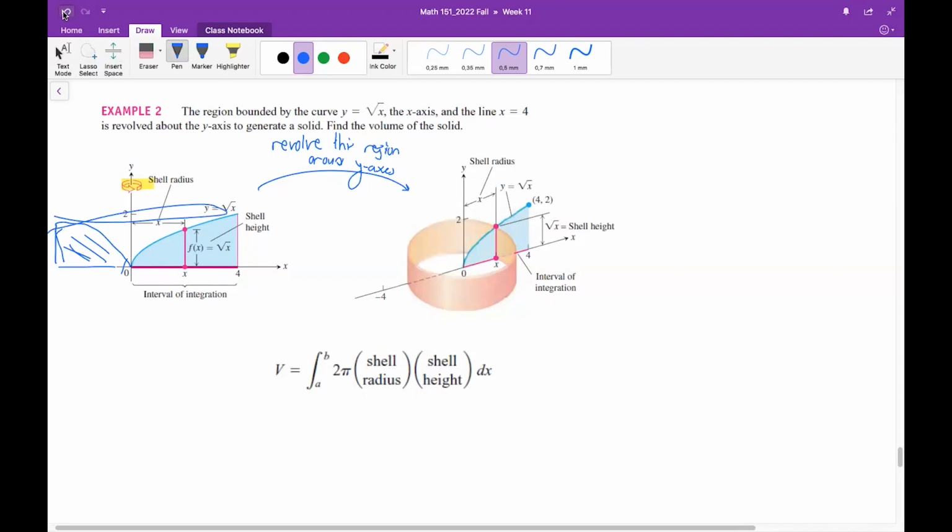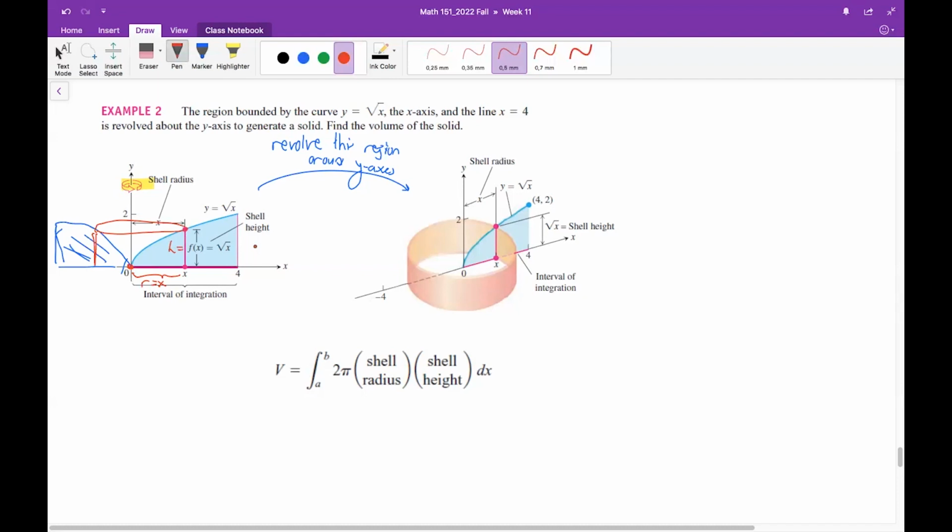So you imagine the three-dimensional object and we will be slicing it into circular cylinders like this. The center of this circular cylinder is here, that's why this part is the radius, which is x. And the height for any arbitrary x point is determined by the curve. This is the height of the cylinder and it is given by your curve.